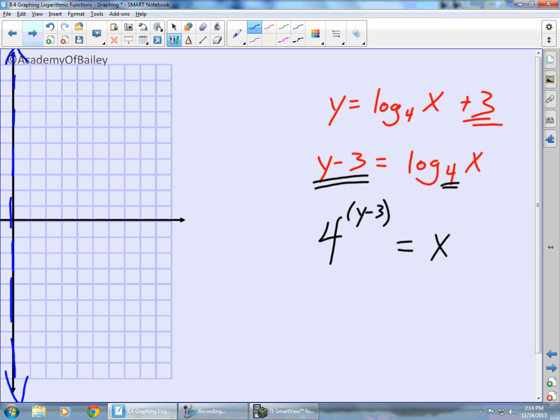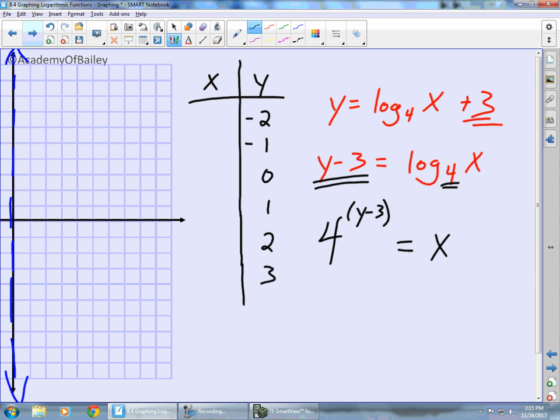Now, how do we solve this out? Same way. Make a table of values. Here's x, here's y. And let's go ahead and go from there. Let's pick some values. We'll pick -2, -1, 0, 1, 2. And we'll even go 3. We might even go to -3 here in a second. And just plug them in.